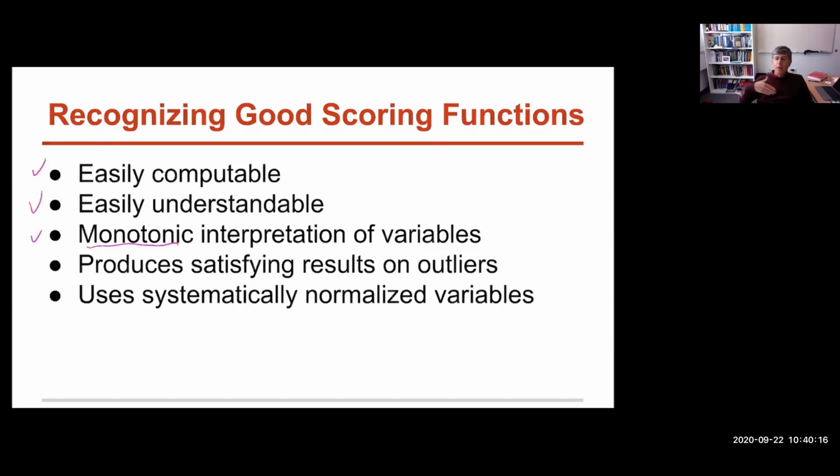If I have your GPA and I'm rating you based on your GPA and your SAT score, higher SATs mean a better student, higher GPA means a better student. What might be something I would have on a student that would not necessarily have a monotonic interpretation?